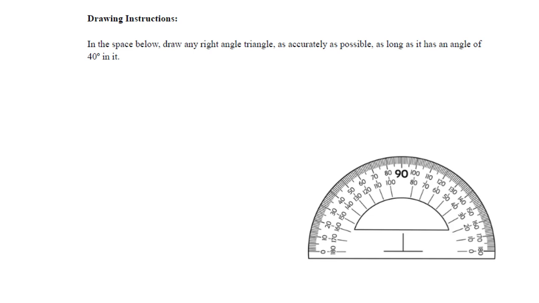Okay, you can see on the screen down in the right corner, I've got a protractor there. You are going to need a protractor. As well, you are going to need a ruler. We are going to need two devices that are going to allow us to measure. Exactness is important.